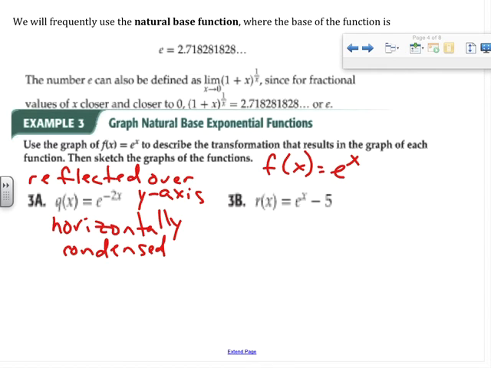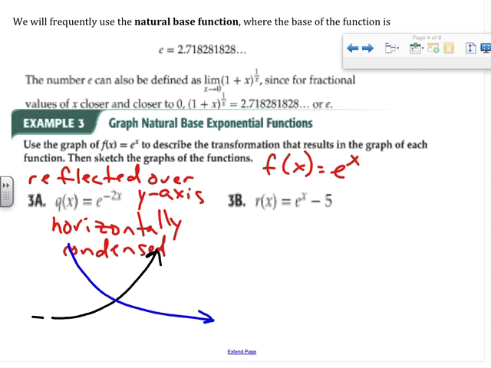So if my E function looked like this, then this one would have a steeper growth and it would be going over the y-axis. So it would kind of look like this. That's the main thing I'm interested in in this problem. Because E is not a nice, pretty number to graph, I'm not going to spend a lot of time on the precision of the graph.